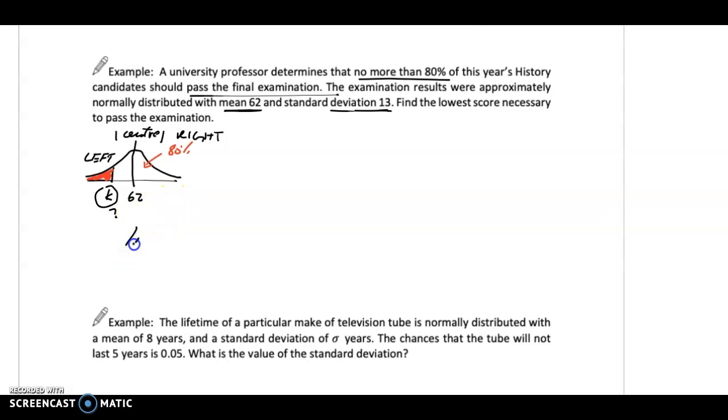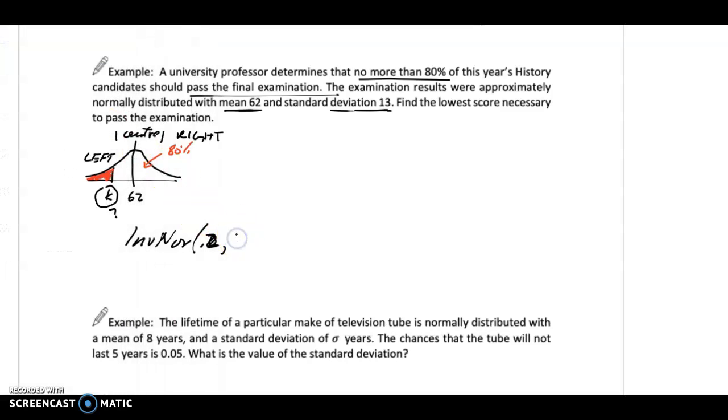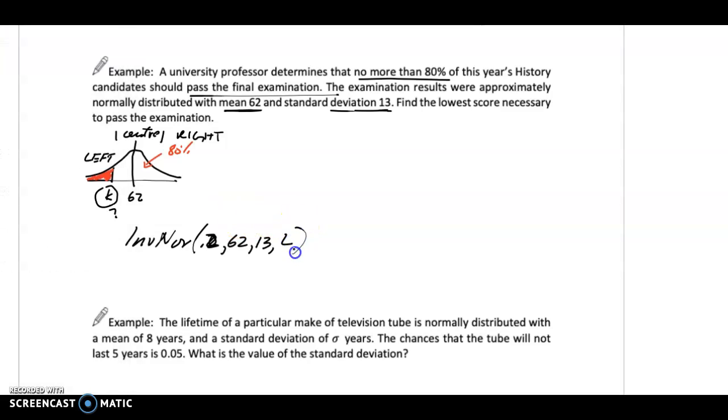So I put in inverse norm of 0.2, comma, 62, 13, and then L for left.